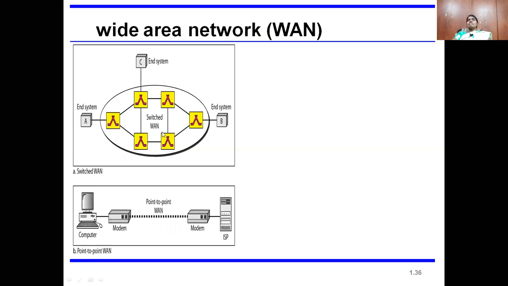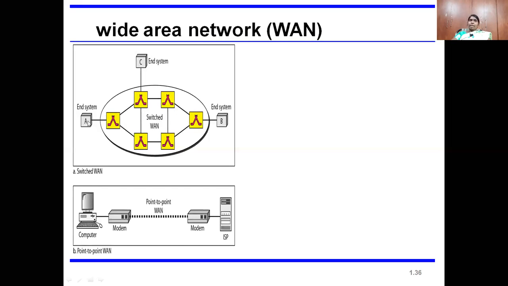These N systems are connected with the help of switches. The switches are represented like this, the boxes, and these switches are connected in a wide area network. We call it a wide area network.